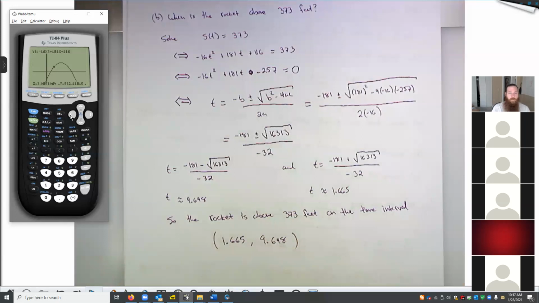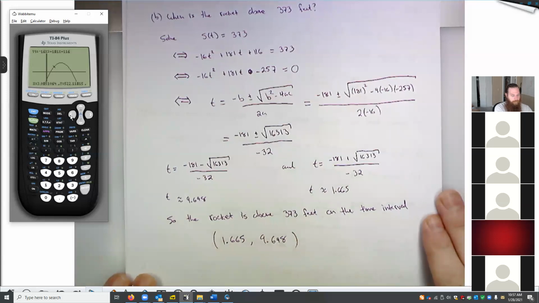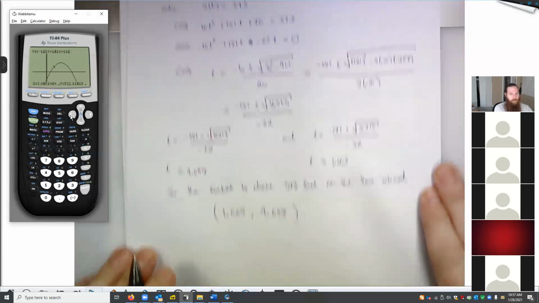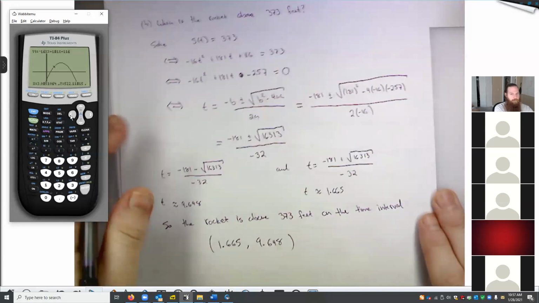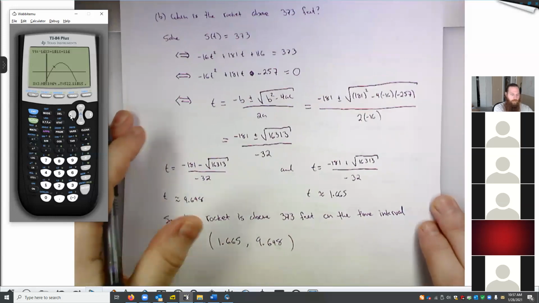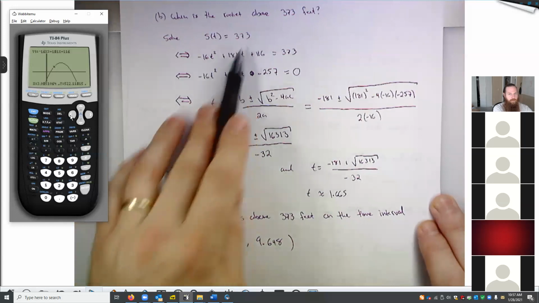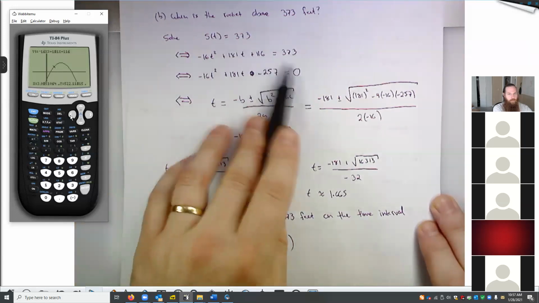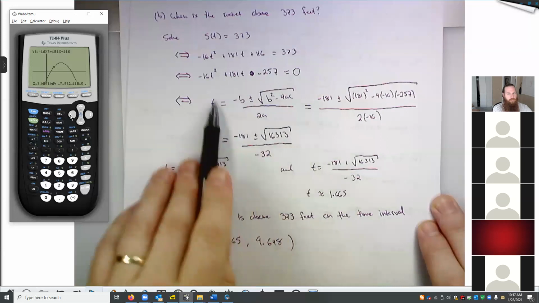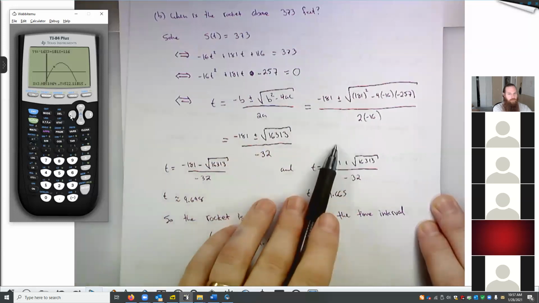And then finally, to find when the rocket hits the ground. So again, I'll hold here if you want a screen cap. What we did is we set the height equation equal to 373 feet, pulled everything to one side, and then solved using the quadratic formula.